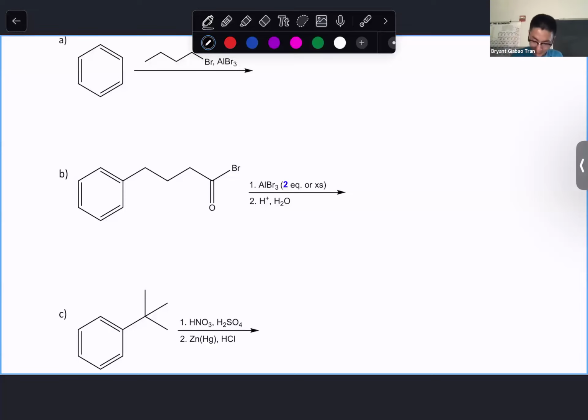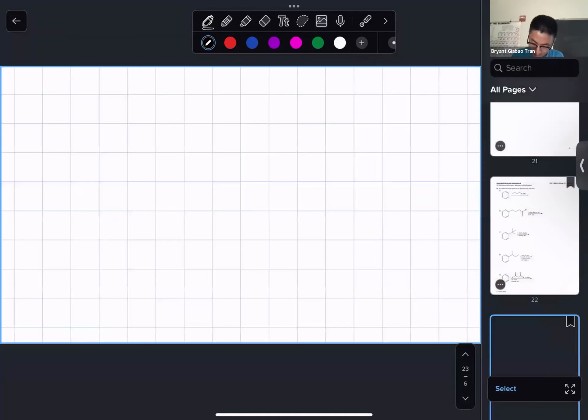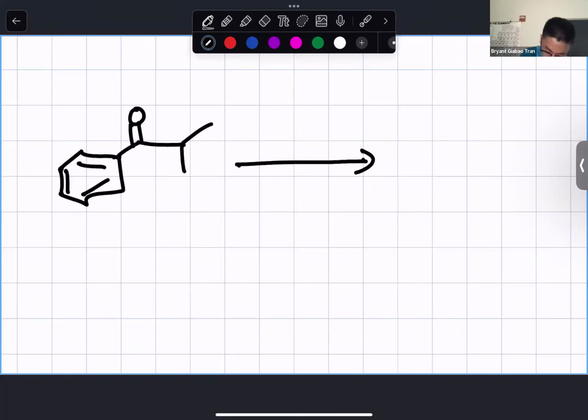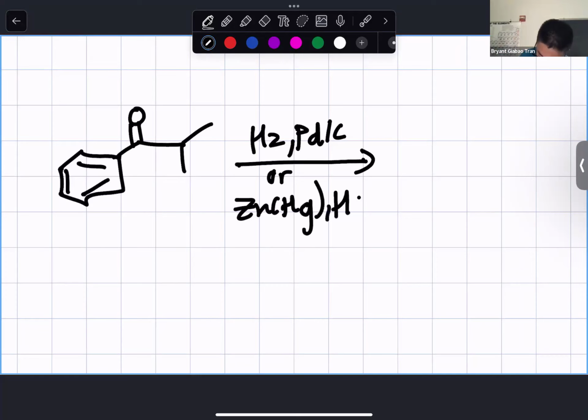Before you do the third one, you know how we said that if we have a benzene ring with a carbonyl on it, to reduce that we use H2, PdC, or zinc mercury HCl.